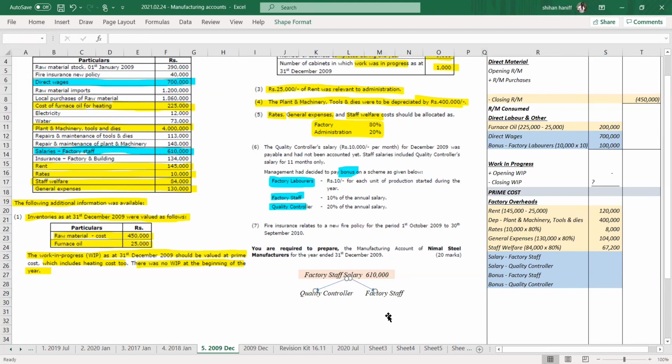Quality controller and factory staff. Right, so this is the amount which is given in the trial balance.